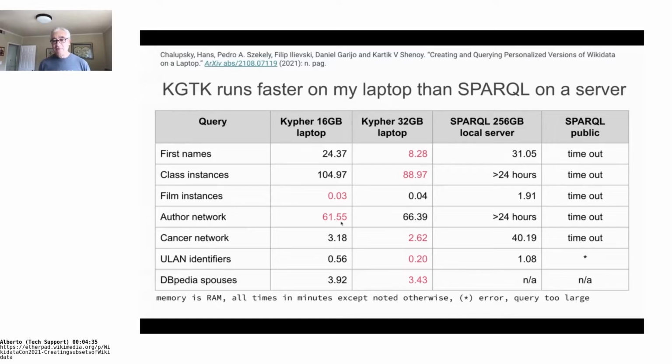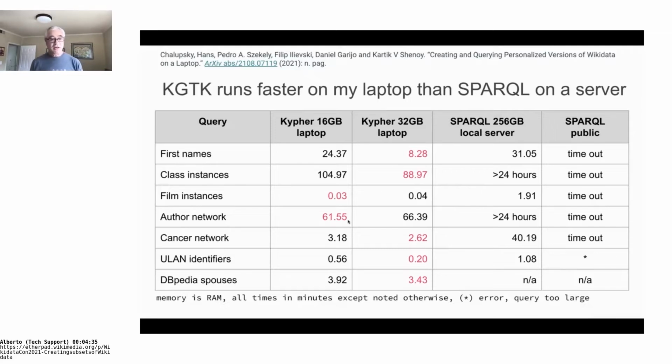And by comparison, on the public SPARQL endpoint, it always times out. And we have a clone of Wikidata on a server. And even after 24 hours, the SPARQL endpoint had not computed the author network. So KGTK is very scalable for this kind of thing. And it runs on your laptop.